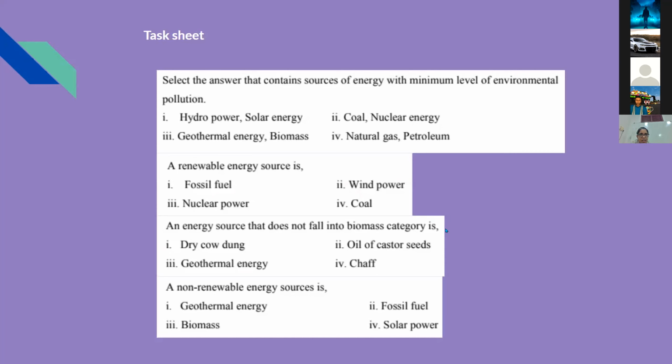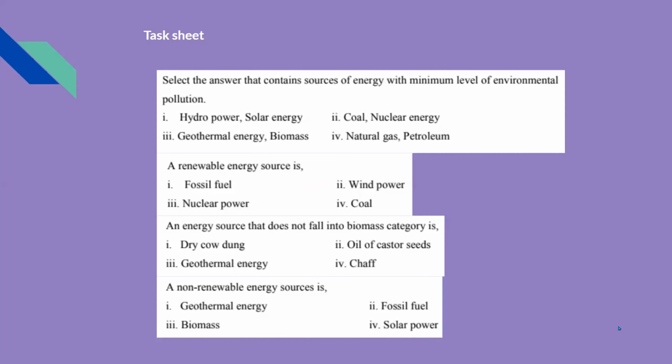Next one, a renewable energy source is fossil fuel, wind power. What is your answer? Wind power, renewable energy source. Wind power, miss. Okay. What is your answer? Wind power.